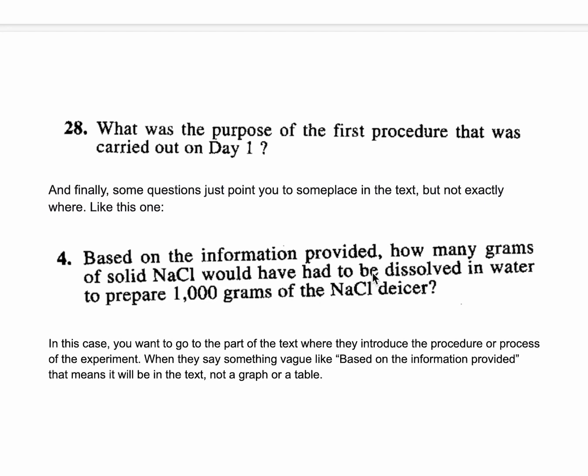And you're going to have to read that text pretty carefully. The big clue that you're going to have to read the text is because it says based on the information provided. That means that's in the text. That usually is just a clue that it's not in a chart, it's not in a graph, it's in the information, which is textual information. So that's a big clue.